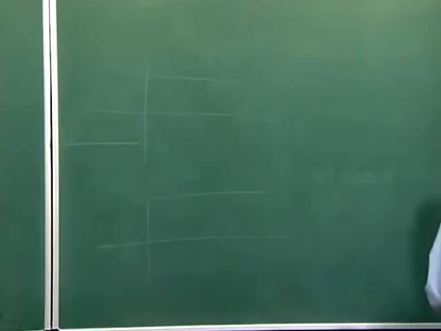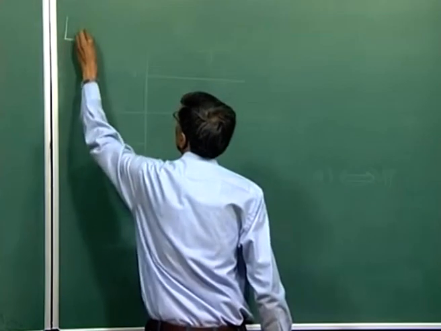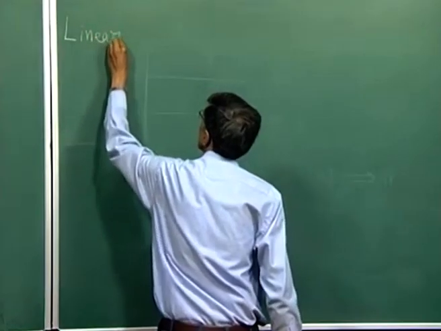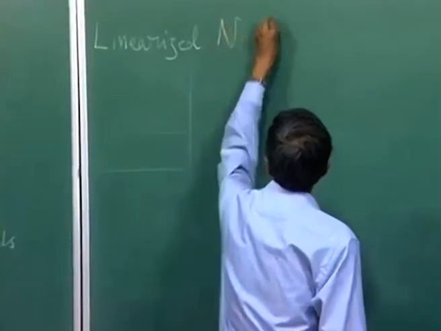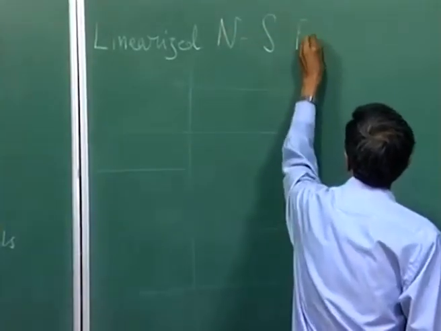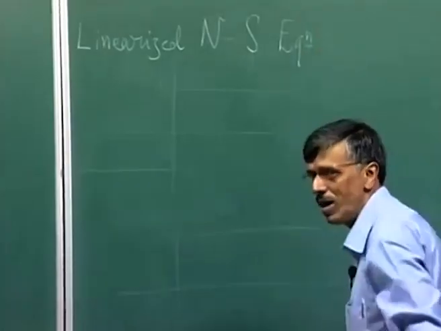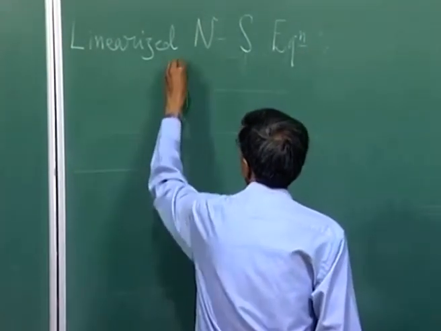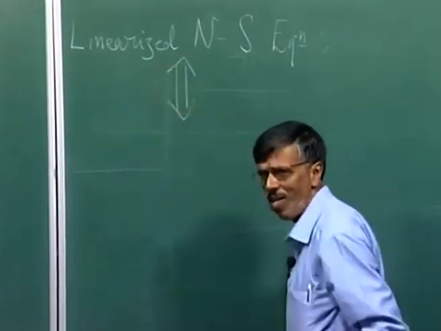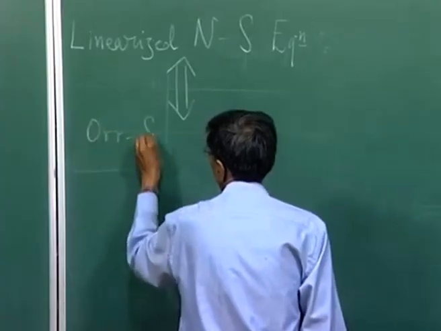So, we will be talking about the linearized Navier-Stokes equation. The linearized Navier-Stokes equation is rather easy. We have seen it. If we do a Fourier transform of that equation, what do we get? We have seen that. That is nothing but our Orr-Sommerfeld equation.